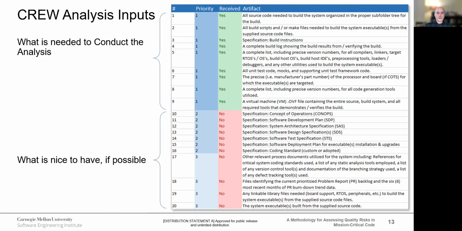Of course, include all the source code, build scripts, make files, a build specification, a complete build log showing the developer's build of the system and any warnings that might have been thrown, a complete list of all compilers, linkers, target RTOSs, host OSs, basically all the tools used to both develop and run the code in its target environment.